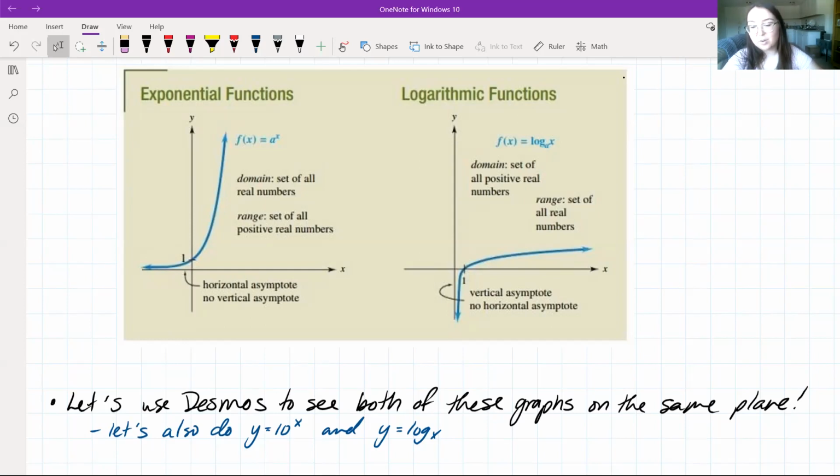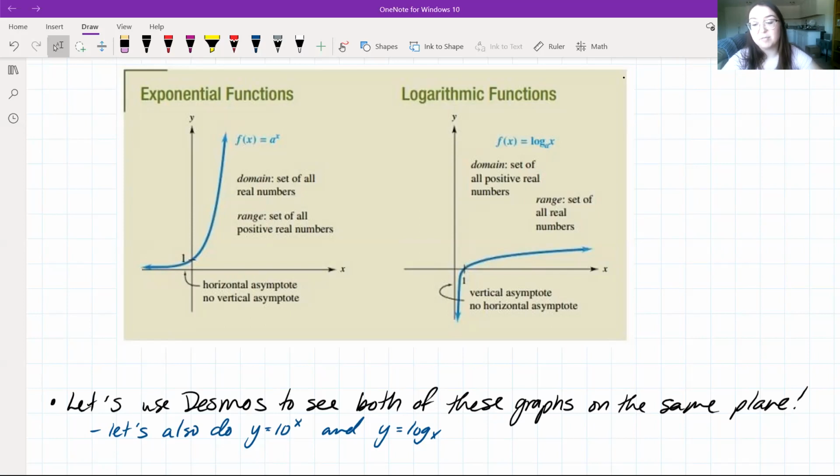Now we have our logarithmic functions, which are normally seen as f of x equals log base a of x. Our domain is going to be the set of all positive real numbers, so x greater than 0. And our range is going to be the set of all real numbers. So our range can be anything, but our domain is positive x values.